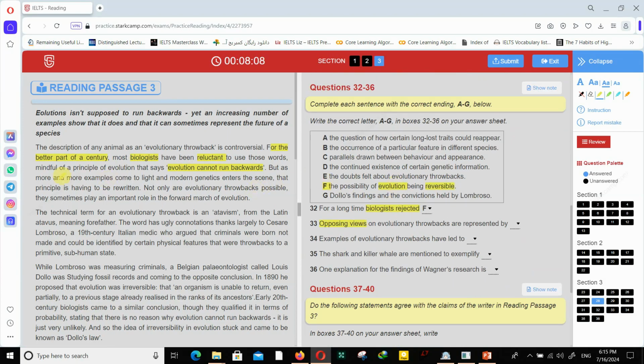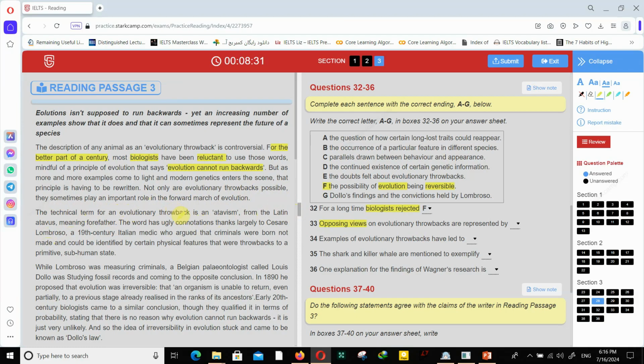Okay. But as more and more examples come to light and modern genetics enters the scene, that principle is having to be rewritten. Not only are evolutionary throwbacks possible, they sometimes play an important role in the forward march of evolution. The technical term of an evolutionary throwback is an atavism, from the Latin atavus, meaning forefather.